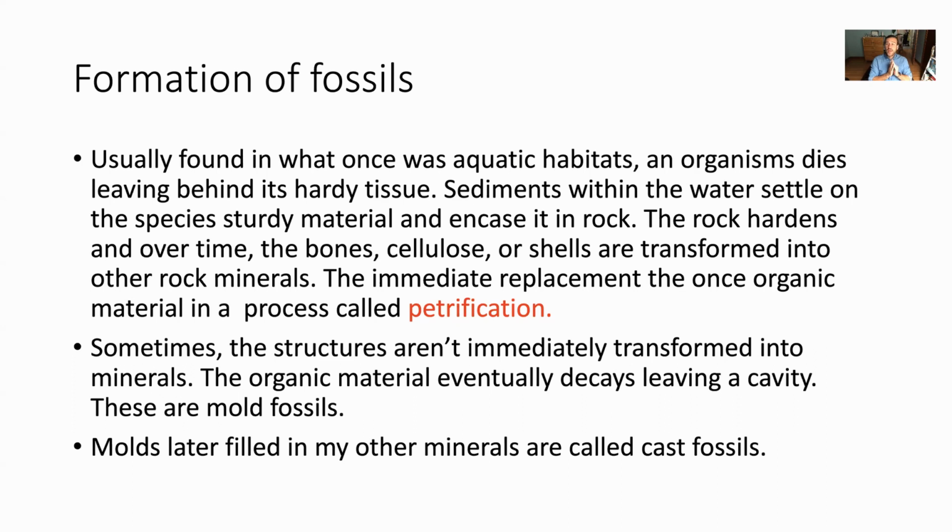So this is one way fossilization occurs. So it's the immediate replacement of once organic material into rock material. So that is called petrification. So if you find many times when you fossilize dinosaur bones, that isn't bone tissue anymore.